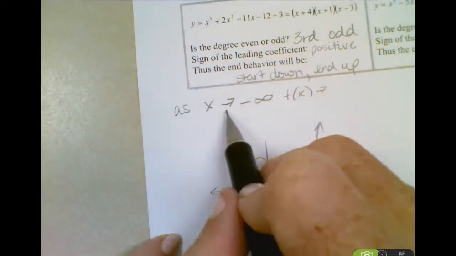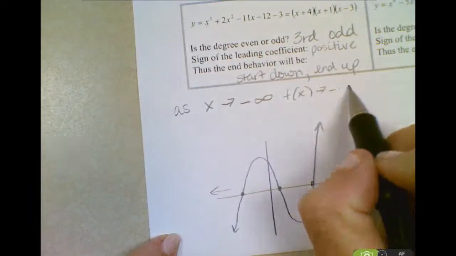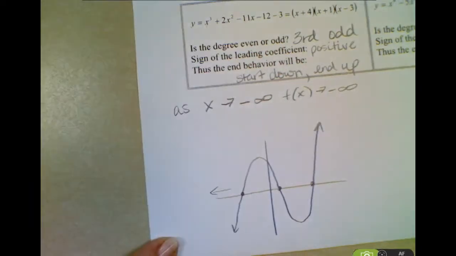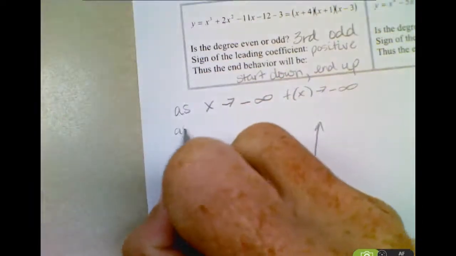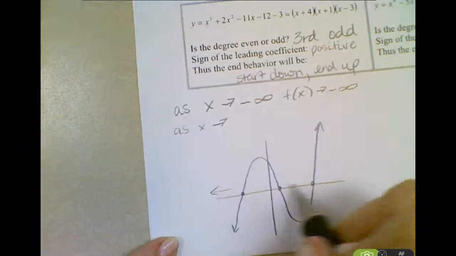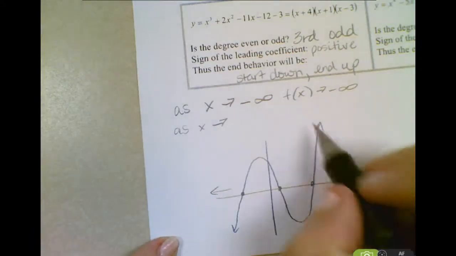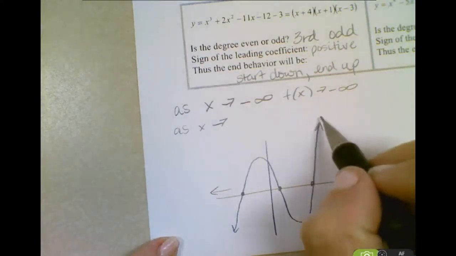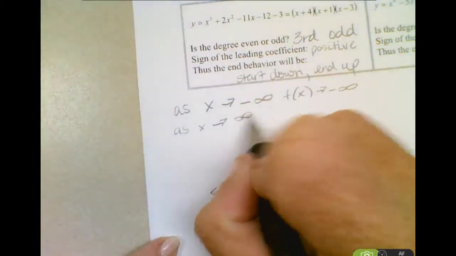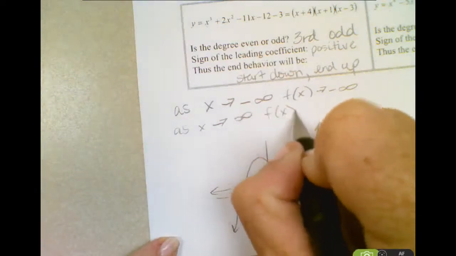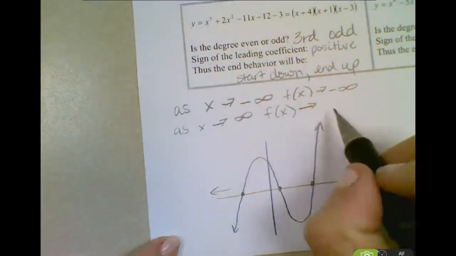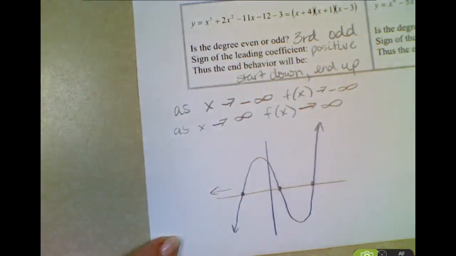This means as x approaches negative infinity, f of x also approaches negative infinity. As x approaches infinity, as it gets larger, our y value also gets larger. Remembering that y and f of x are the same thing, our output gets larger.